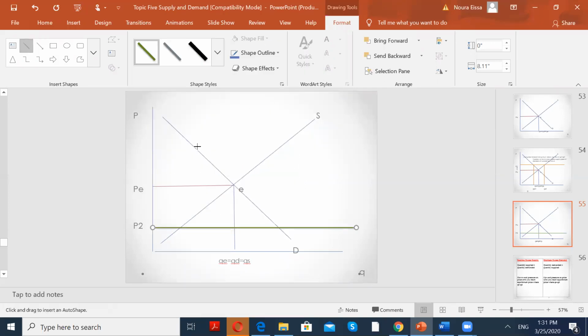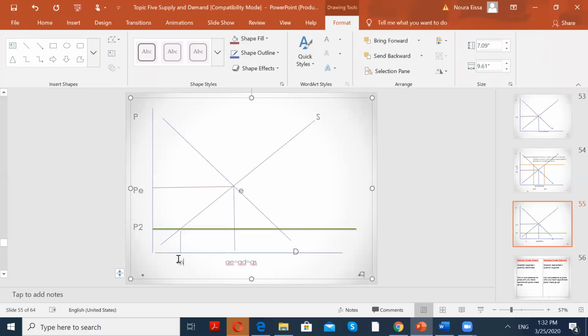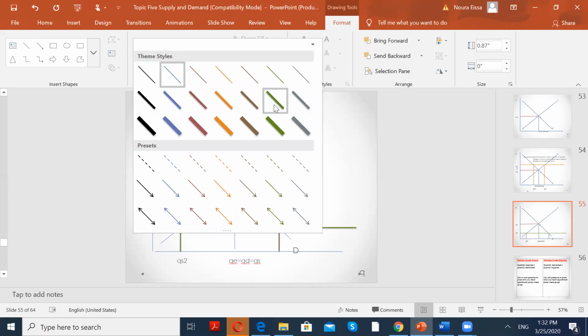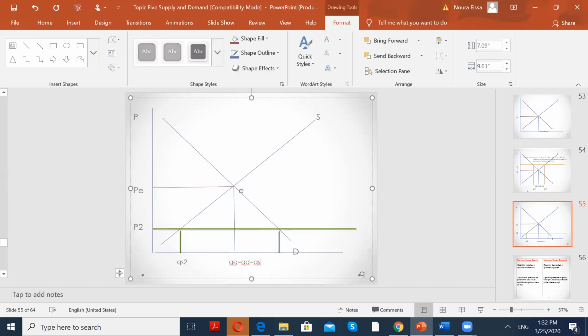All right, let's show this is quantity supplied 2, and this point right here, this is on your demand curve, quantity demanded 2.